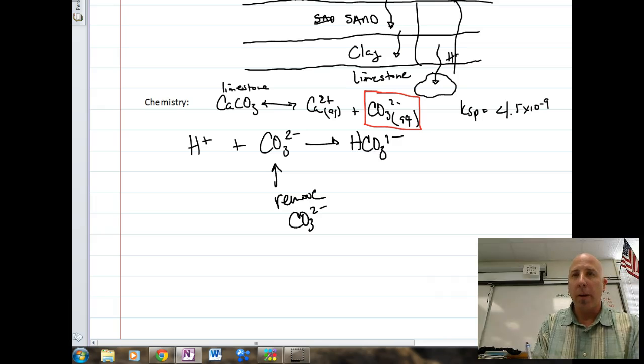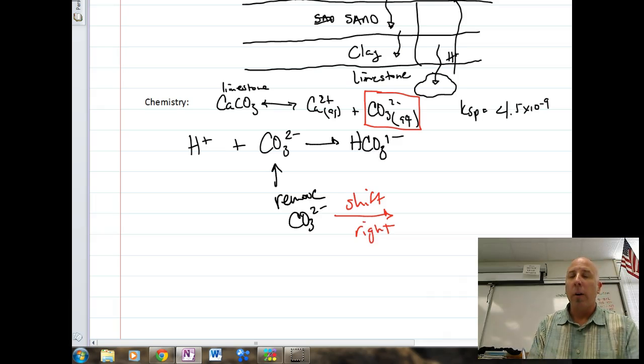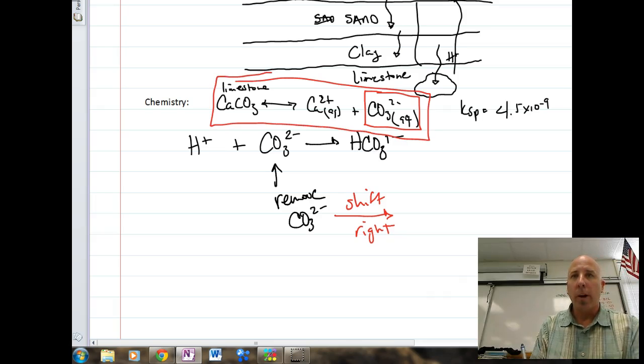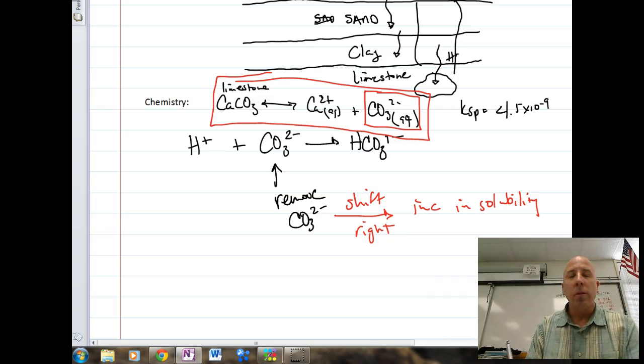And when we remove that carbonate ion, we're effectively shifting our original equilibrium of the limestone, this guy right here, to the right, which is going to cause an increase in solubility of the limestone. So once that limestone starts dissolving away, we then get those sinkholes that occur, those huge holes in the ground.